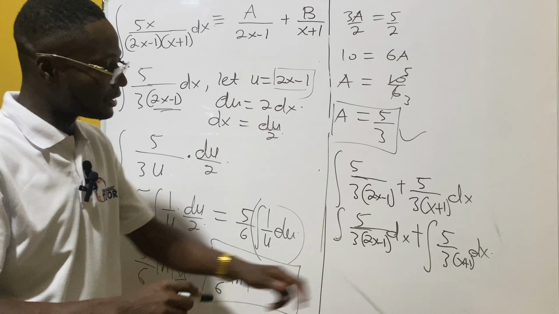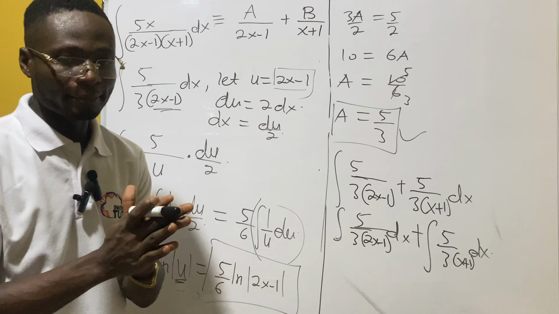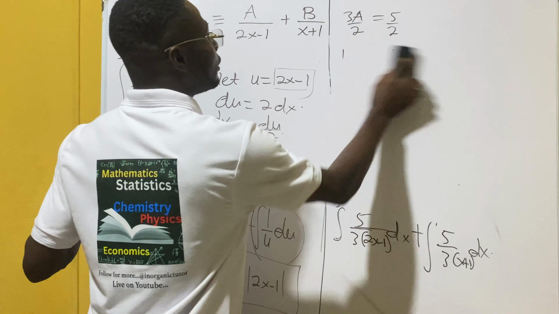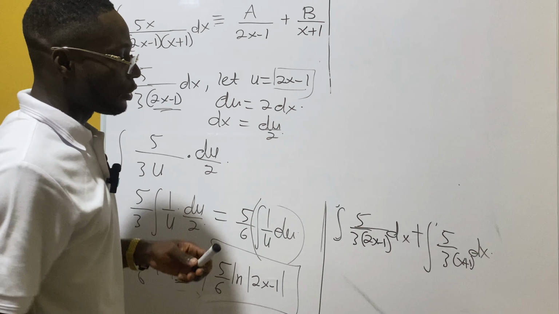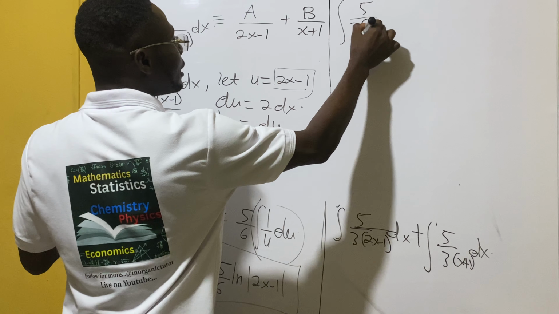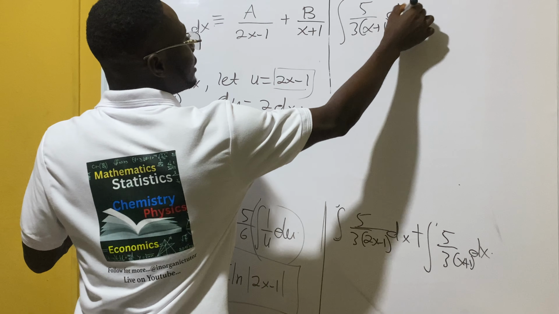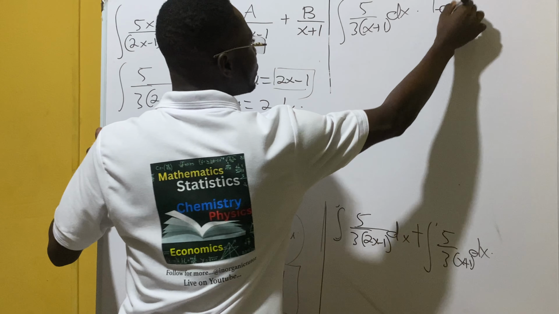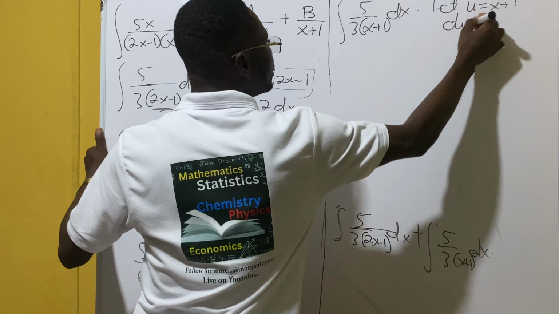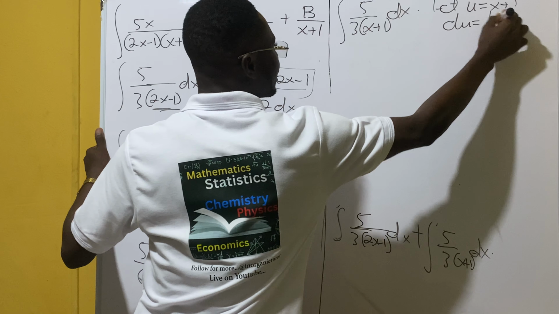Let's go and do the second part and sum them. Now we consider the part 5 on 3 into x plus 1 dx. Here also, let u equal x plus 1, so du is equal to dx.